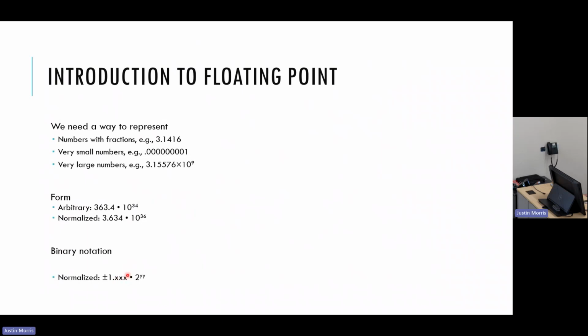There are other names for this, but usually they're called the mantissa bits. And then we know that we're in base 2, so we don't specify the 2, but we specify the exponent value, so how far to move the decimal point to the left or right.